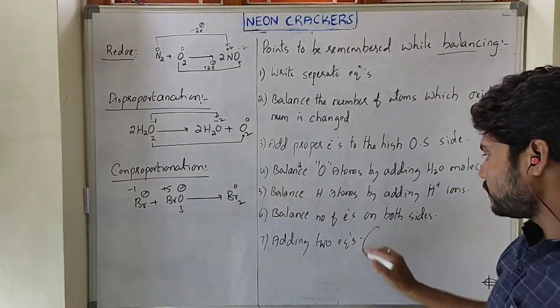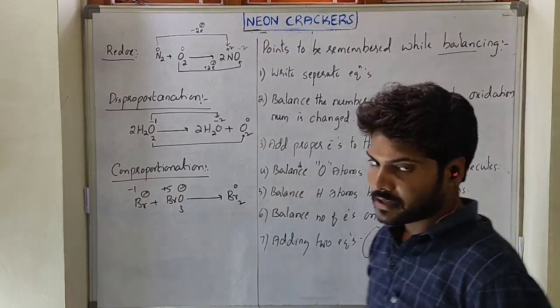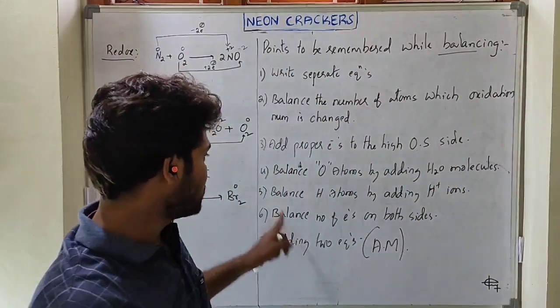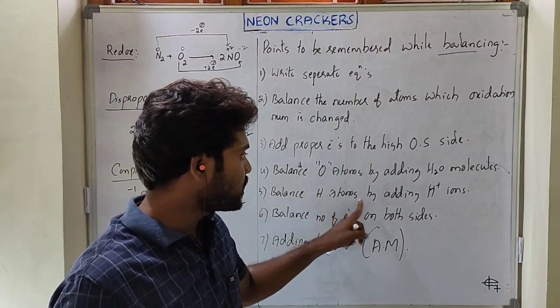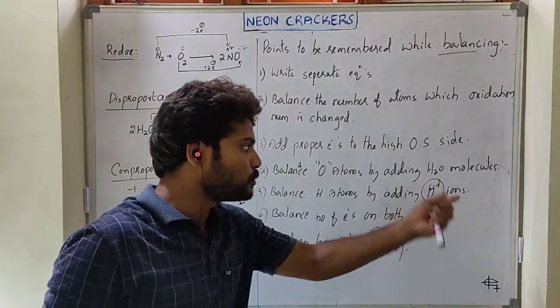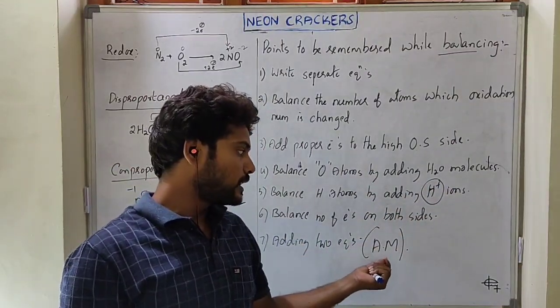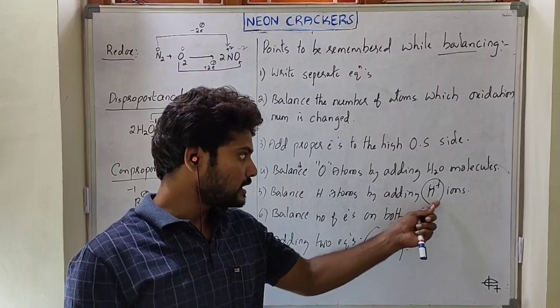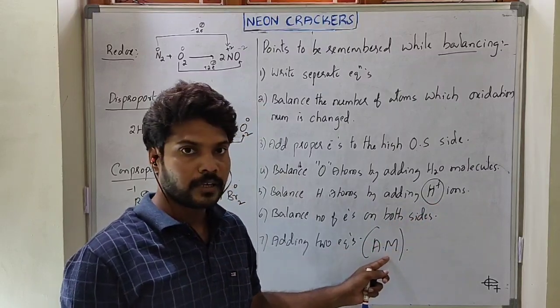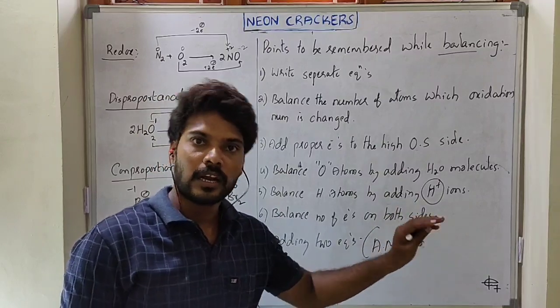So we can get the acidic medium. Because we are balancing the number of hydrogen atoms by adding H plus ions, in the equation H plus ions would be there. Then what medium we have to use here? Indirectly, acidic medium we can use. After doing this one, if you want to convert into basic medium, I will do another shortcut simply.